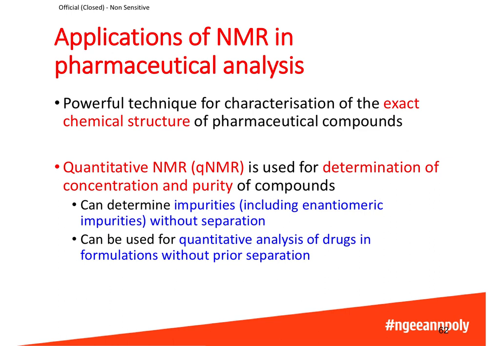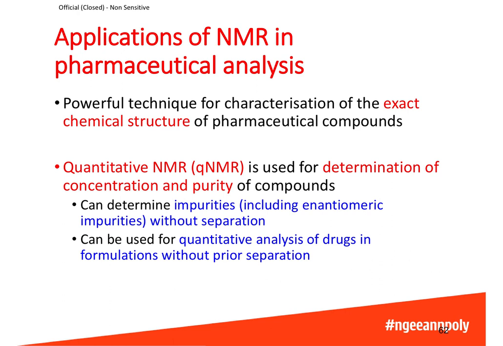NMR gives us a lot of information of the chemical structure of the compounds. So NMR is a very powerful technique to characterize the exact chemical structure of a pharmaceutical compound. Another application of NMR is quantitative NMR or QNMR. We haven't discussed this in this chapter, but just know that there is such a thing as quantitative NMR, and it can be used to determine the concentration and purity of compounds.